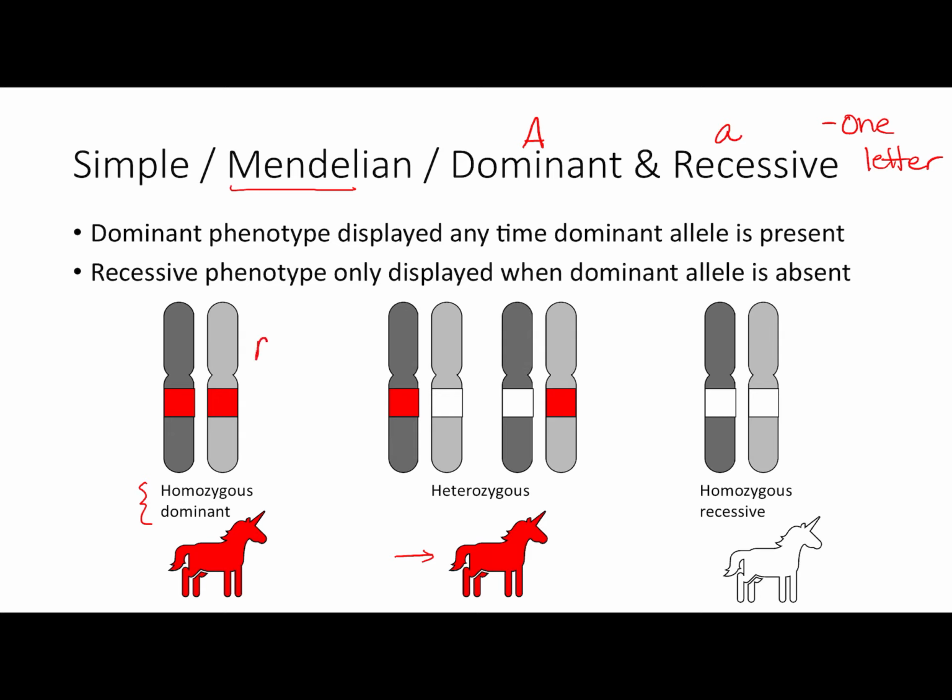So in this case, we could say big A is red, and so someone who is homozygous dominant would be big A, big A. Someone who is homozygous recessive, we assume that little a is white, and therefore they are little a, little a. And then the heterozygous has one of each, and typically, again, we are going to put the capital letter first, okay?